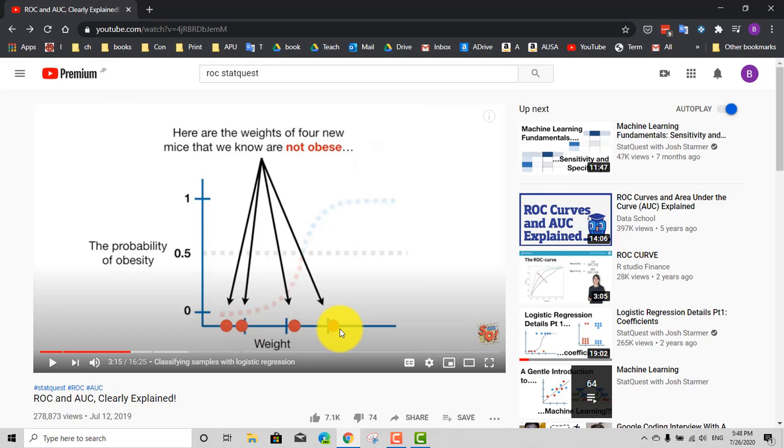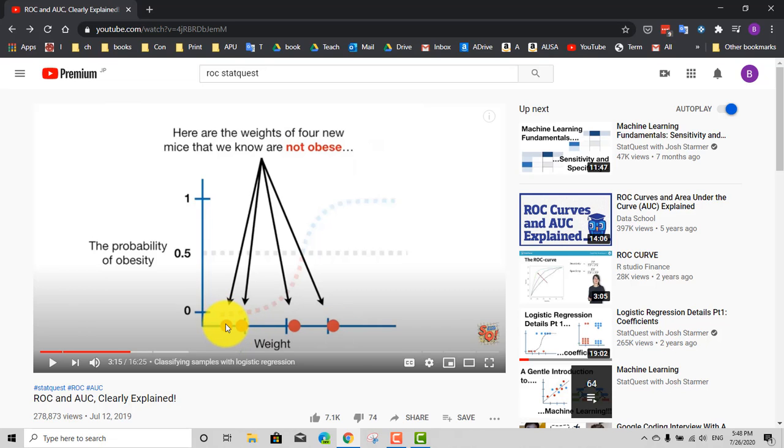Now he's using red for these, so these mice are all not obese. So he's putting the dots as red. Now we can see how our model does with these.